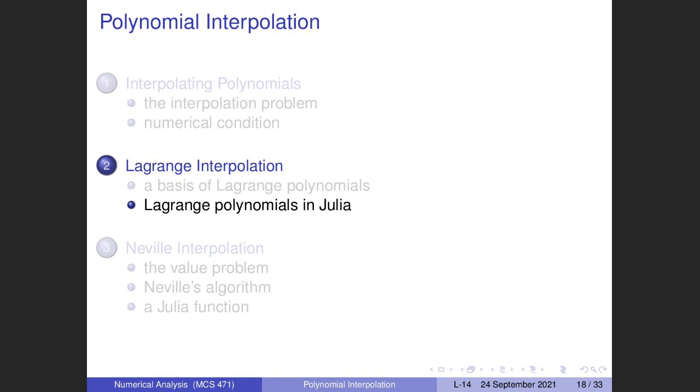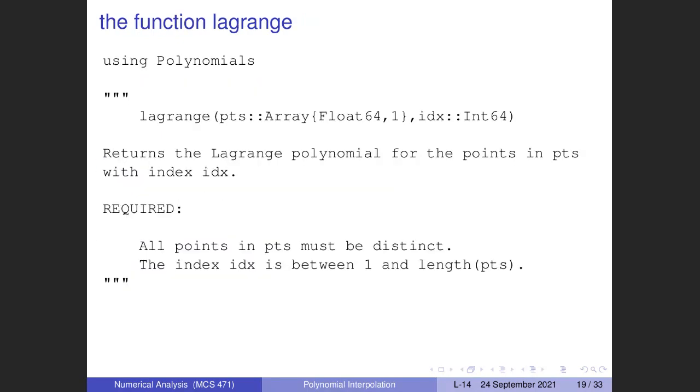So we will look at the Lagrange polynomials. All our algorithms are defined as Julia programs. So for this definition here, we use the package Polynomials. So if you are starting with a fresh installation, you may have to add this.